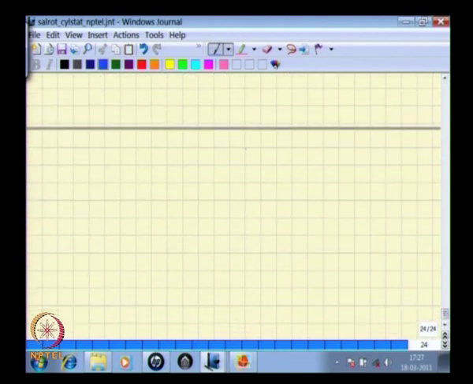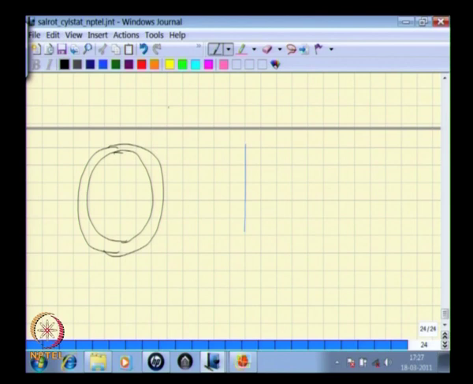And therefore, if we now look at it, here is your stator and here is the rotor, assume that they are nice circles. Now, you have a coil here and a coil here in a slot.